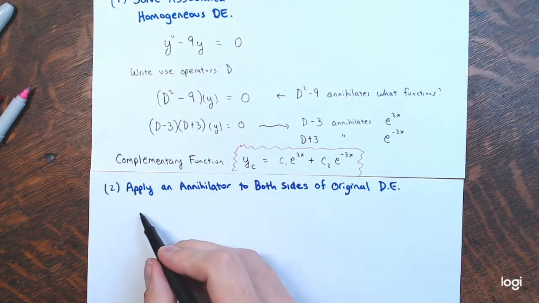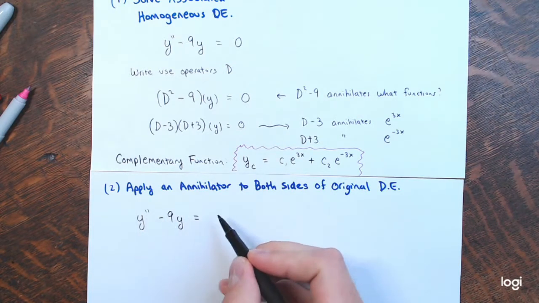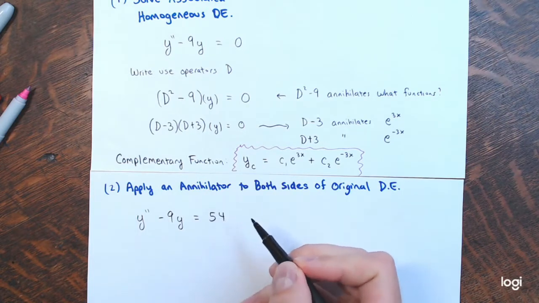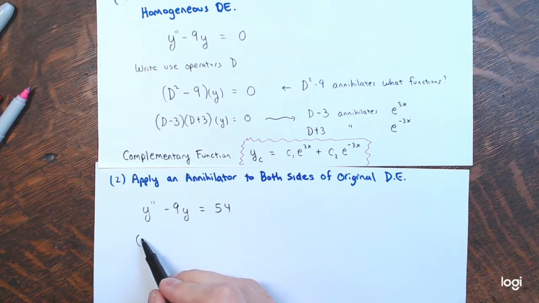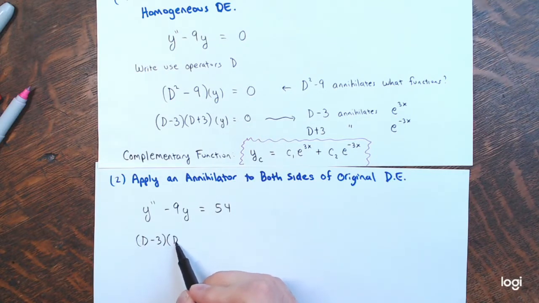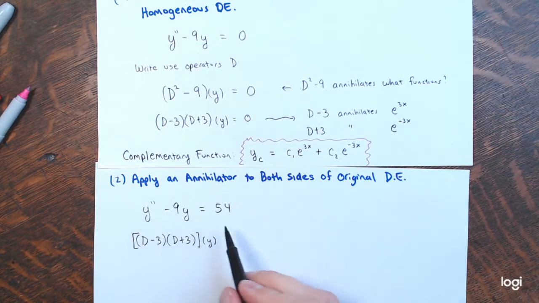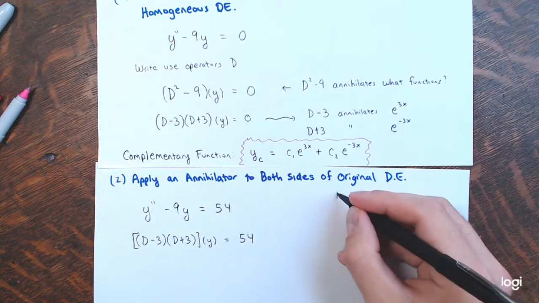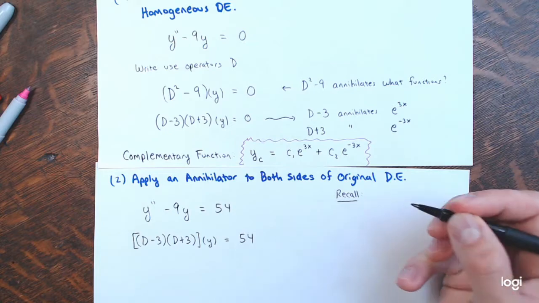So I've got y double prime minus 9y equals 54, which, as before, I can write using the linear differential operator as D minus 3 times D plus 3 applied to y, and that side equals 54. Now hopefully you recall how the general solution of a non-homogeneous differential equation looks.